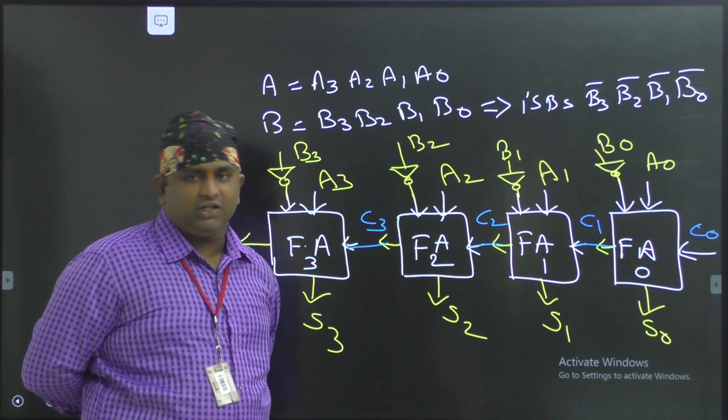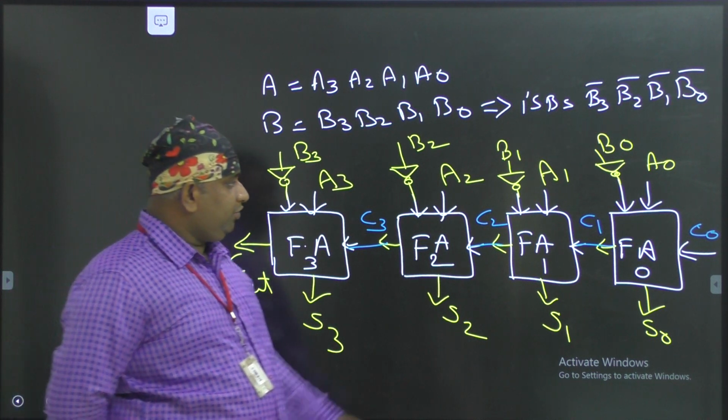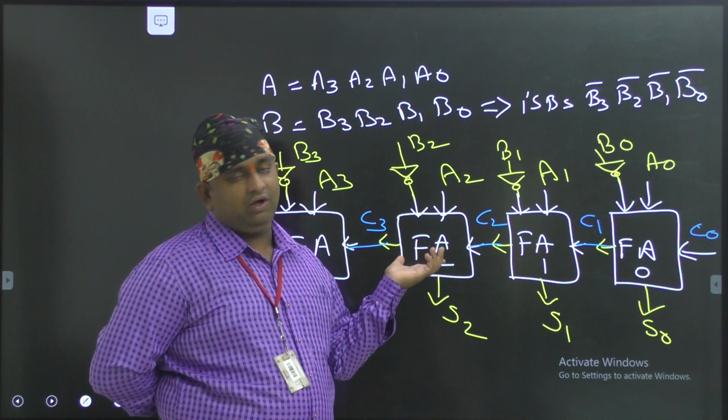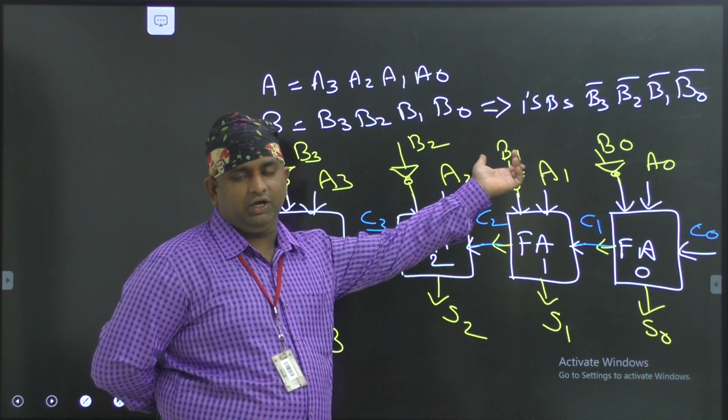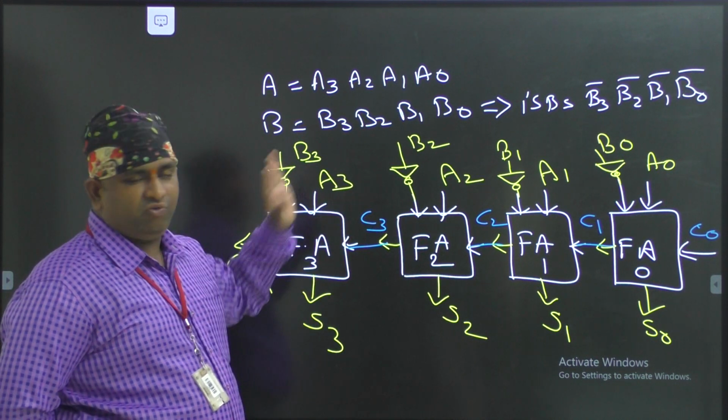Here I am using adders only, but I am doing the subtraction operation. If you directly write the B0 values, it will do the addition operation. When you take the inverting operation, it will do the subtraction operation. So I got the 1's complement of B.